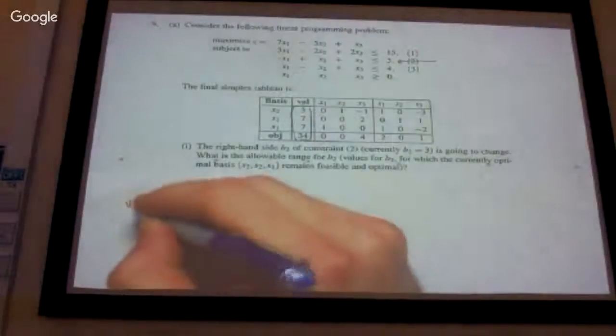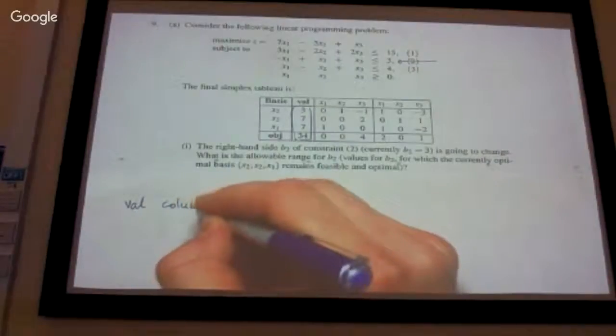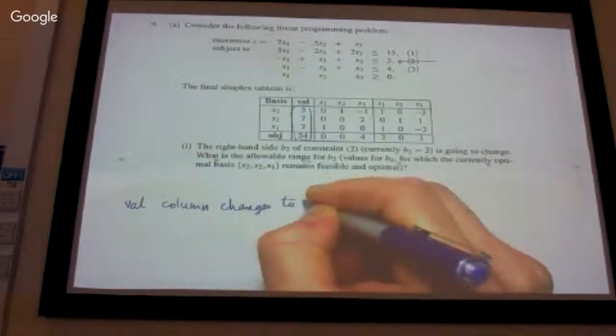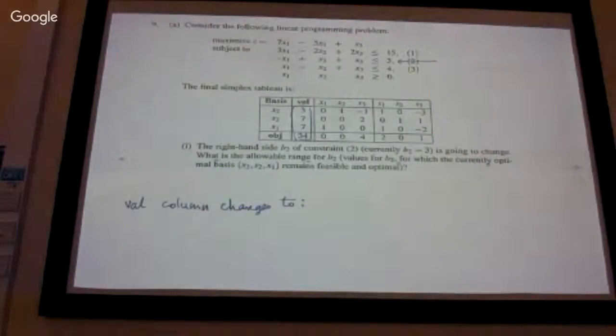So the val column. Okay, let's do it properly.